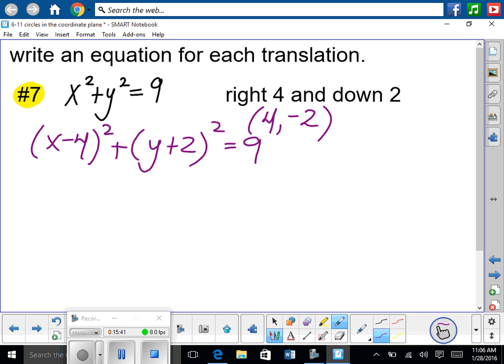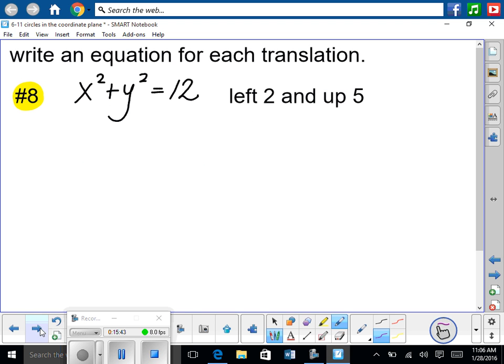One more. Number 8. So once again, we're starting at the center. Make sure that all of ours are starting at the center, right? If you look at them, there's nothing already added or subtracted, but just watch for that. For right now, we're starting out pretty basic. So we have no shift left and right, no shift up and down, but now we're going left 2, up 5.